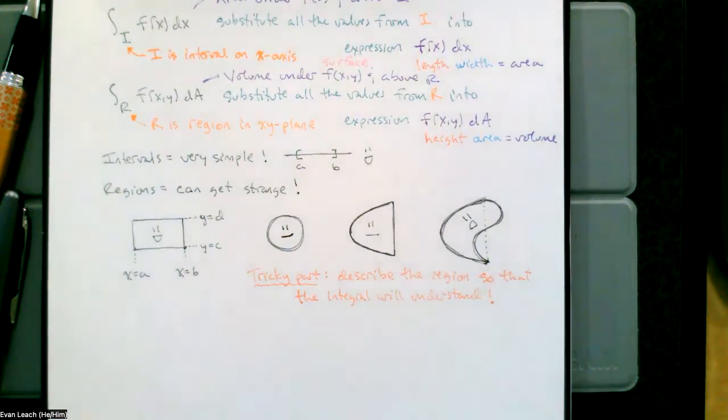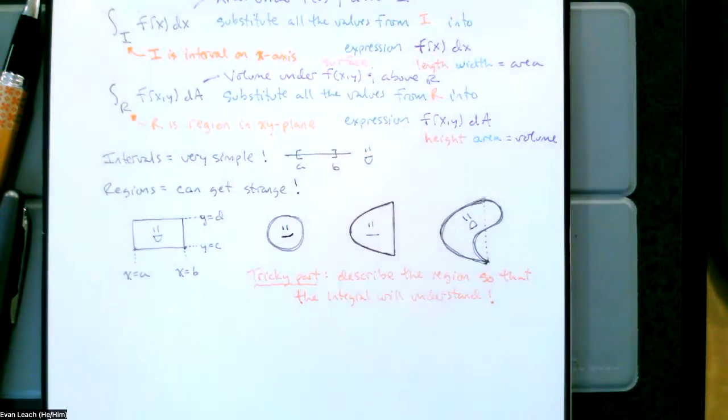The easy part is actually plugging the uncountable infinity of points into the expression. The hard part is telling the integral what values you want to plug in.